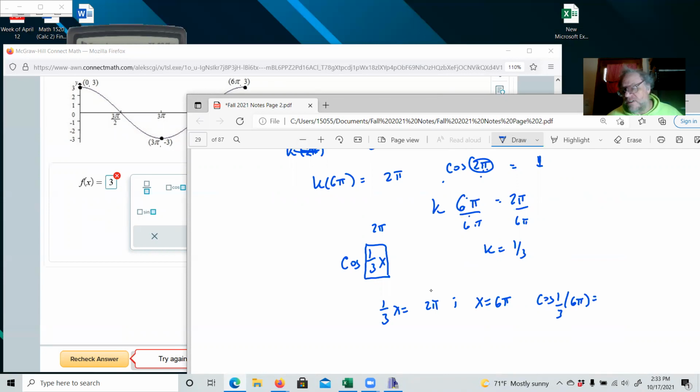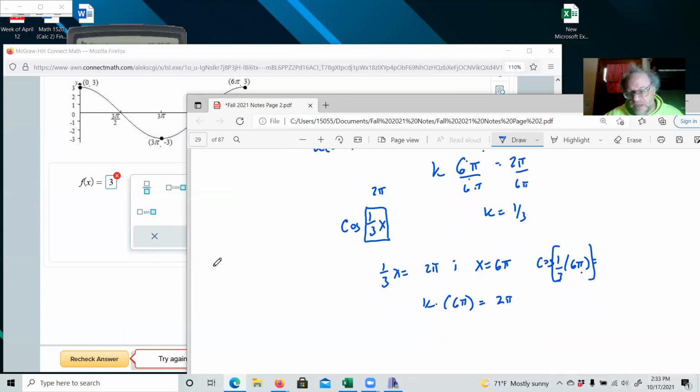So this 6 pi is the actual end, but I'd really like to think about the end being 2 pi instead. So I want to equate these two things together. So I'm going to take my k times whatever my end value is, 6 pi, and set it equal to my preferred end, 2 pi. This is what goes on in the middle here.